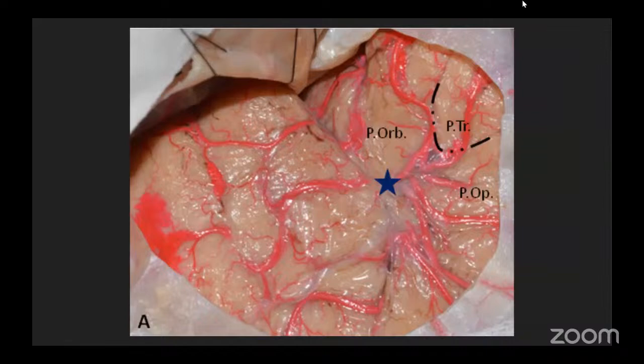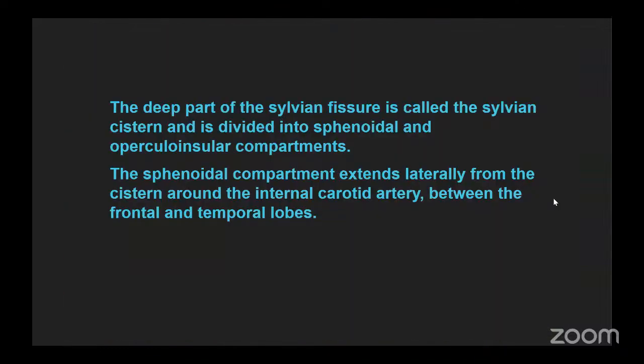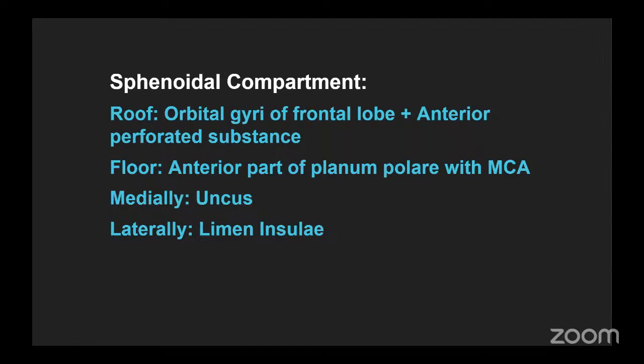This is the anterior Sylvian point, but we have discussed this yesterday. So briefly going over this, sphenoidal compartment, we are going to look at the pictures again today. The roof is formed by the orbital gyri of the frontal lobe plus the anterior perforated substance. The floor is formed by the anterior part of planum polare with the MCA.